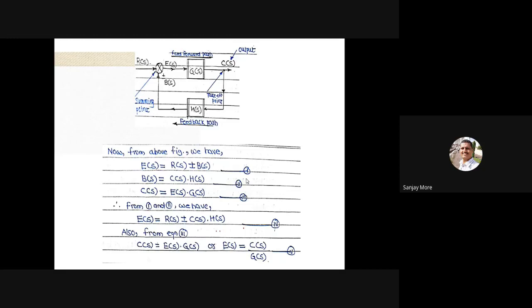From equation 1 and 2, we have E(S) is equal to R(S) plus minus C(S) into H(S). This is equation number 4.